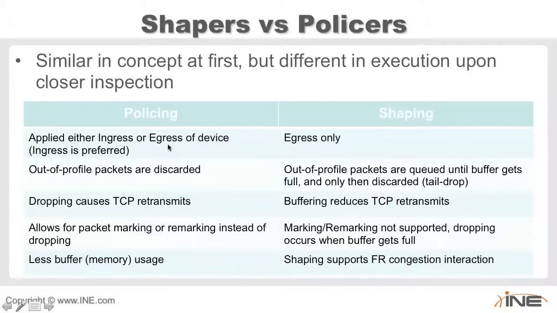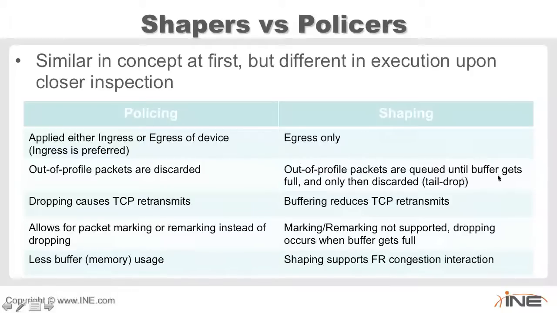And obviously once the buffer gets full, then they're discarded with tail drop. But the idea is to queue these packets and allow them to build up if they're out of profile. Okay, we're shaping and molding the traffic to the utilization of the bandwidth that we want versus just being a hard policeman that says, no, if you are beyond this, you are done.